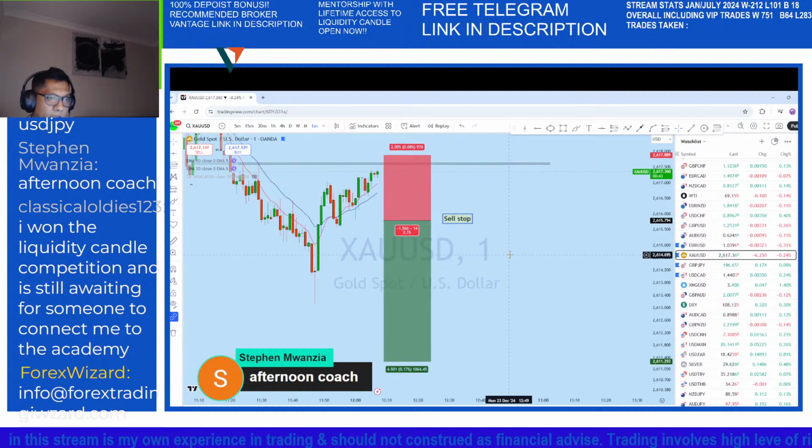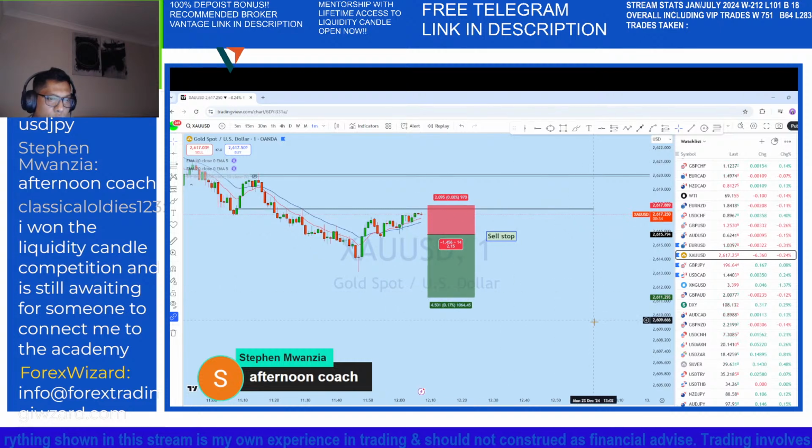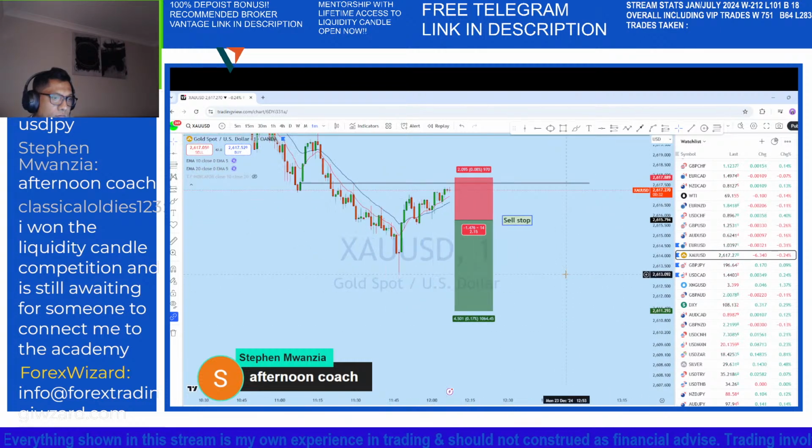So sell stop at 2615.79, stop loss 2617.88, TP target 2611.29. So at that level I'll be placing the sell stop.